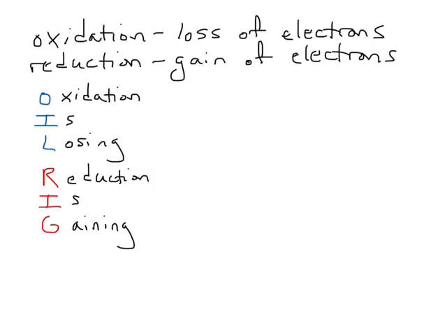Now, I'm going to go ahead and tell you guys this. When the College Board redesigned the curriculum, they took out any responsibility of you guys knowing what agents are. So I'm going to make a little note over here. If you come across any question asking you what the oxidizing or reducing agents are, ignore them. Okay?